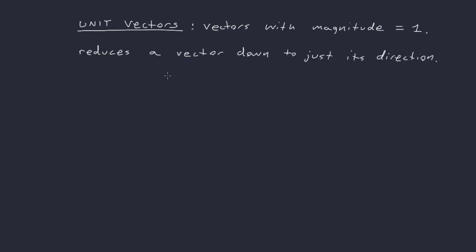Now we'll get into later why that's important, but if there's any sort of formula where you need just the direction from a vector, you're going to want to use a unit vector so that the magnitude of that vector doesn't alter your final answer in what you're doing.